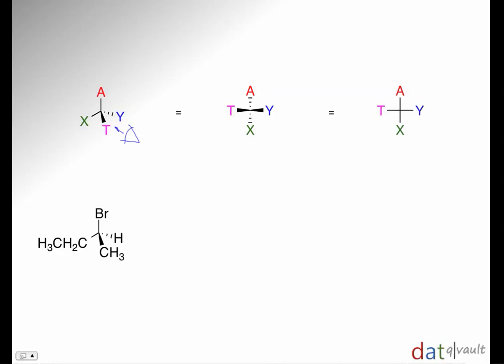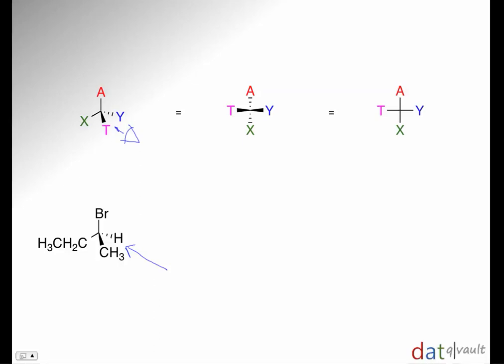So let's actually do this with a real molecule. This example is 2-bromobutane. To start drawing a Fischer projection of this molecule, again we're going to look between the methyl group and the hydrogen on this atom, and then we're just going to draw what we see. The methyl group is going to be facing towards us, and the hydrogen is going to be facing towards us.